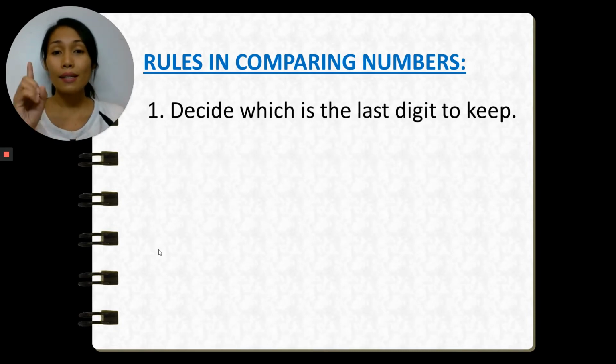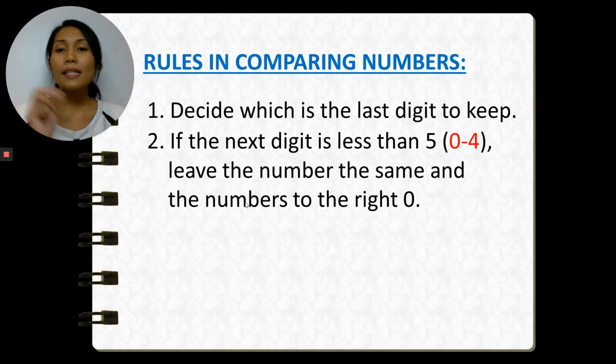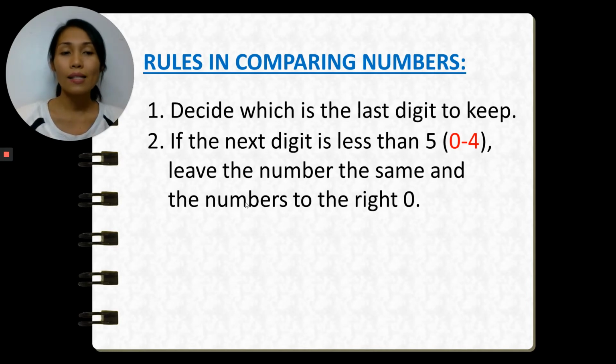First, decide which is the last digit to keep. Second, if the next digit is less than 5, that means 0, 1, 2, 3, 4, leave the number the same and the numbers to the right become 0. Are you confused? Never mind.